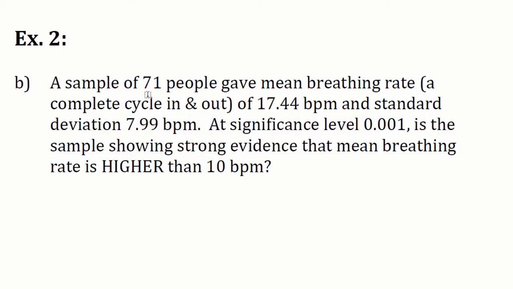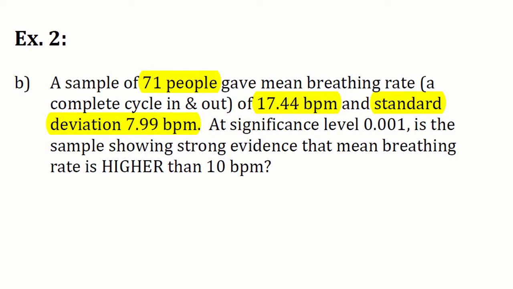Back to the wording description on the screen here, it looks like we're using the exact same sample as that in example 1. So very similar arguments there. 71 people will be the sample size. This is our sample mean. And this standard deviation here, similar to the argument I made in part A of this same example, is our sample standard deviation.